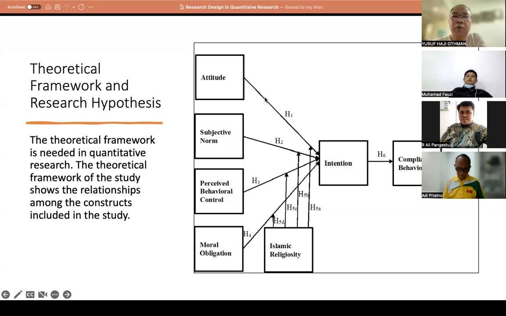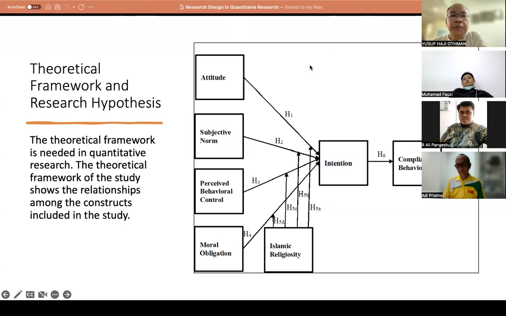In this framework, there are 7 variables: attitude, subjective norm, perceived behavioral control, moral obligation, Islamic religiosity, intention, and compliance behavior.